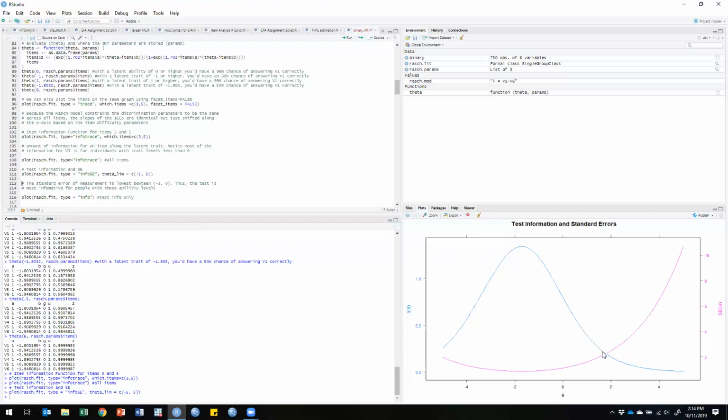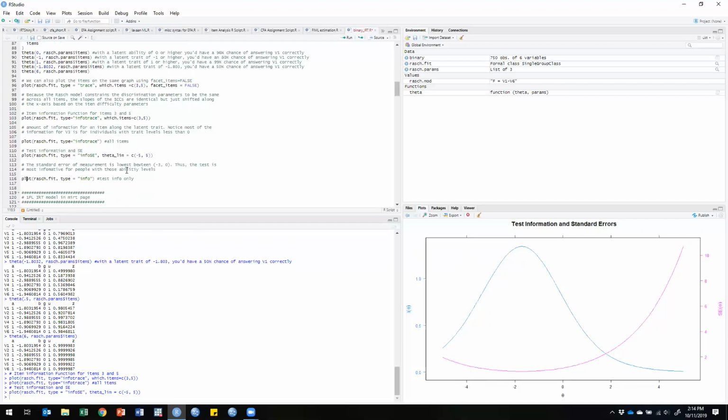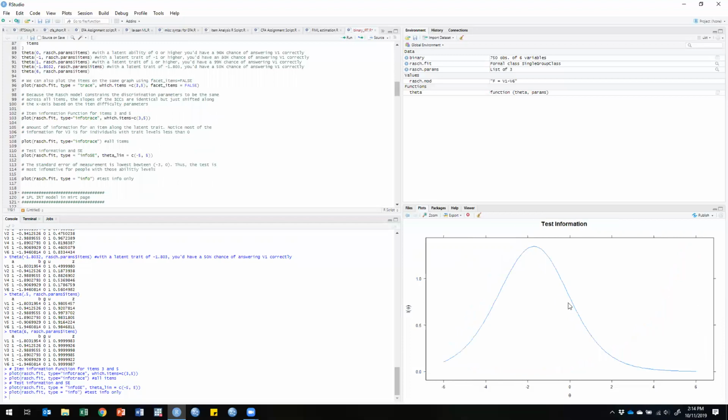So you can see the test as a whole has most of its information found between ability levels -4 and 2. And then if you just want to plot just the test information and not the standard error.